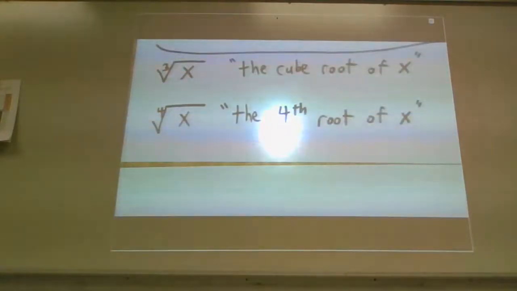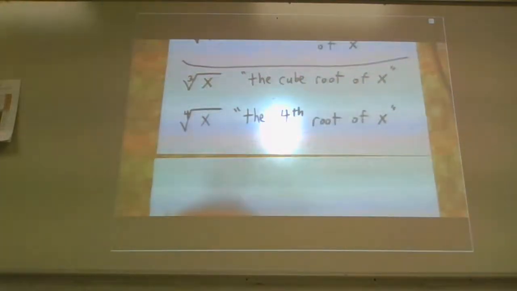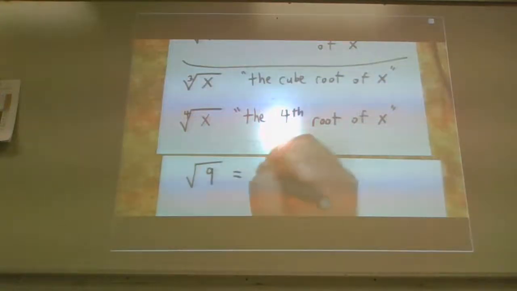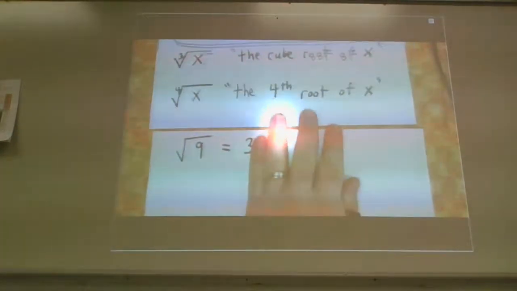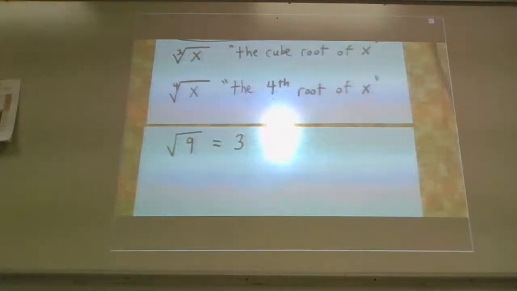Give me a perfect square. Any perfect square. 9. Okay. The square root of 9 equals 3. Yeah, we did it. Why? Why is the square root of 9 equal to 3? You know that the square root of 9 is equal to 3, but how can you verbally show me that it's equal to 3?